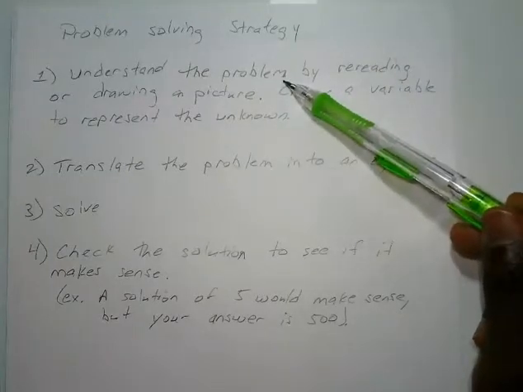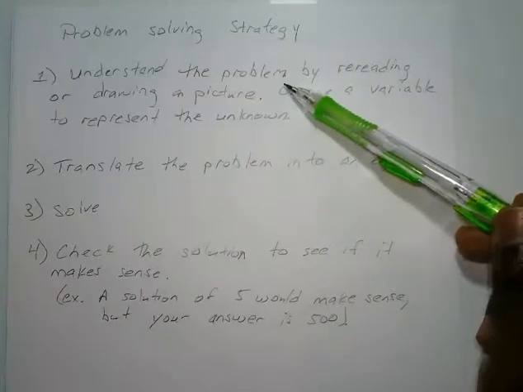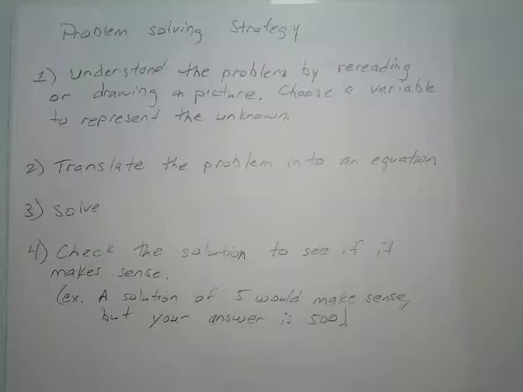Because if you don't understand the problem and what they're asking you to do, then you're just going to be lost. So understand the problem by rereading or drawing a picture. And then you want to choose a variable to represent the unknown. Normally you can see the unknown in the last sentence. They'll tell you exactly what you're looking for.